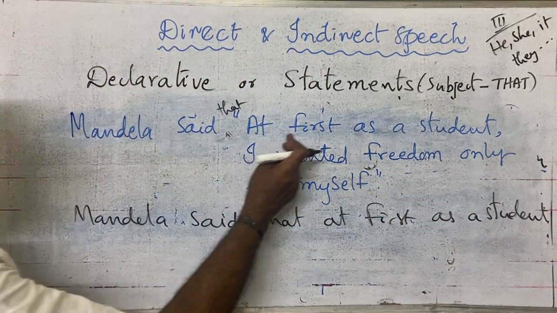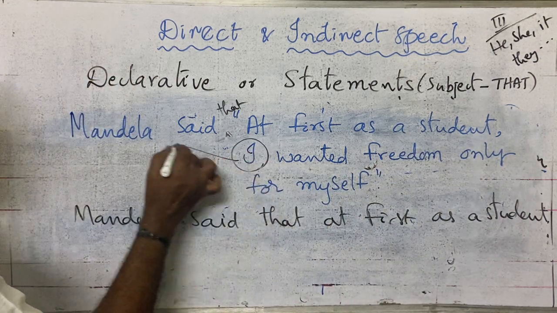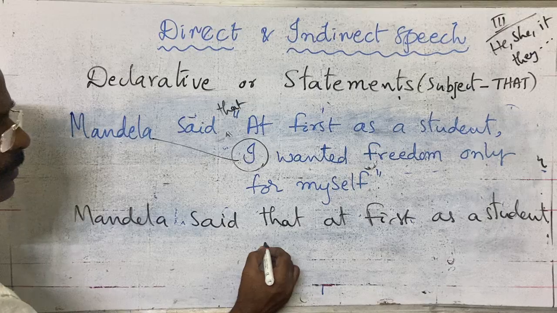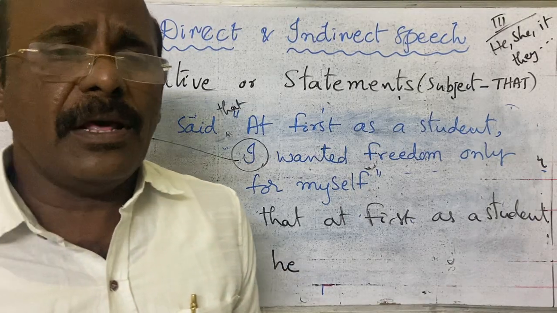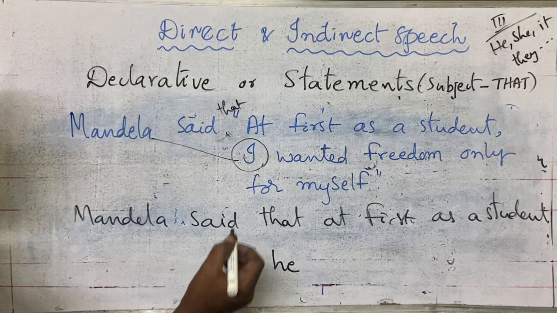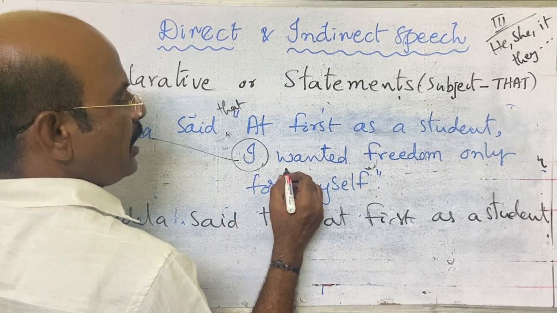So here at first as a student, I refers to Mandela. So he, or if you want, you can write Mandela also, no problem. He. The verb here is wanted. It is clearly I said already.